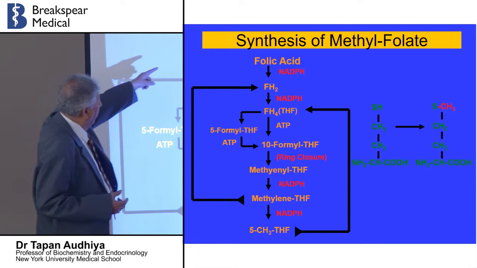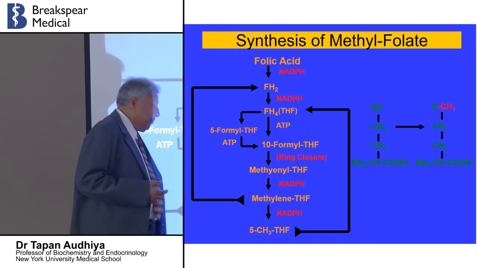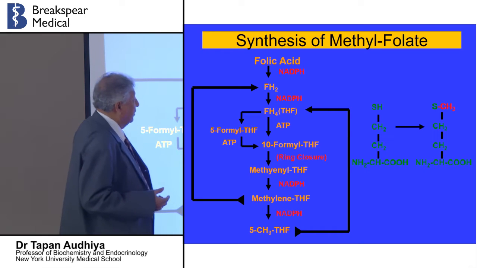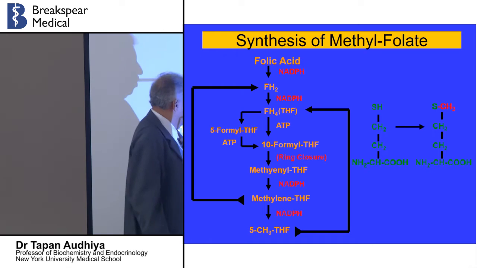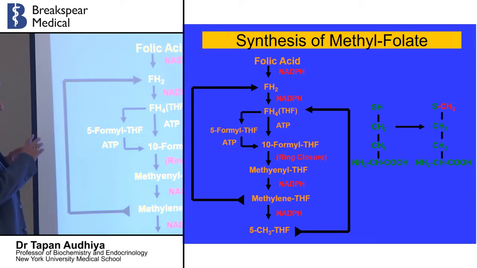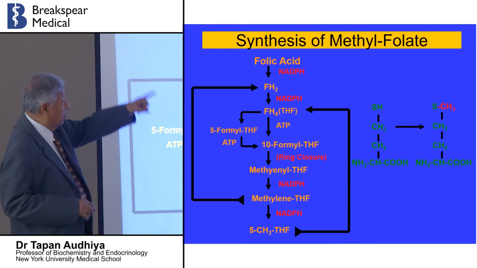So from folic acid, it goes through all this chain of reactions to make 5-methyl tetrahydrofolate and then comes back to the original, just to change homocysteine to methionine in the methionine synthesis. That's the main chain, all these steps they have to go through to close the cycle of methionine.